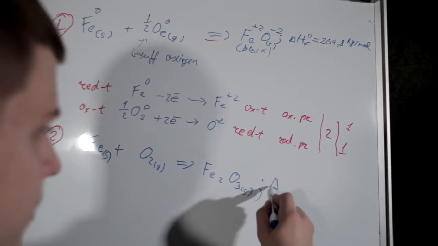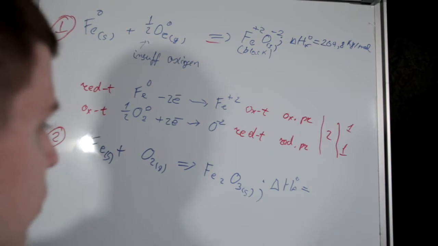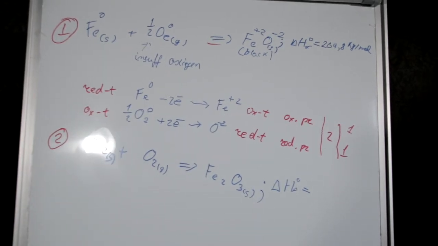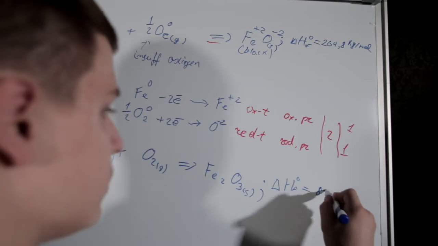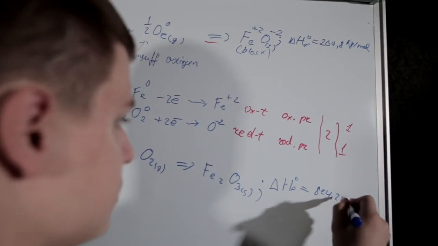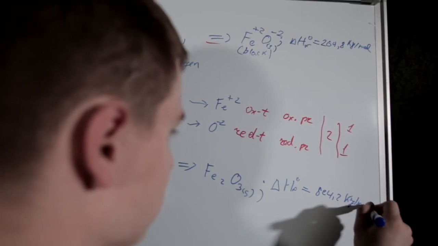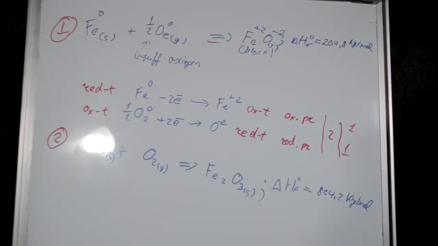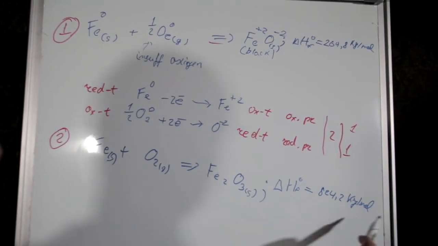The enthalpy of formation is equal to minus 824.2 kilojoules per mole. Okay, so it's an exothermic equation.